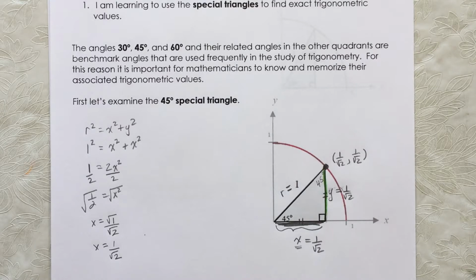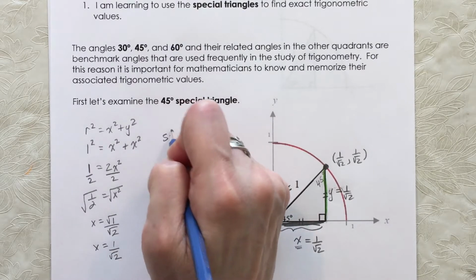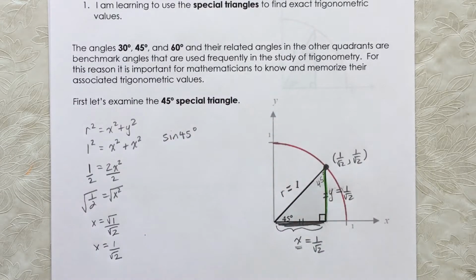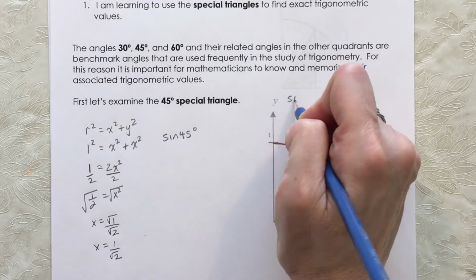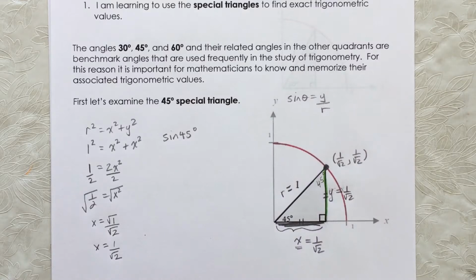Now what does that mean? So what does it mean when it says exact trigonometric values? For instance, that means what is the exact value of the sine of 45 degrees? Okay, well, if we go back to angles in quadrants in the CAST rule, we know that the sine of an angle is its y value divided by its r value.